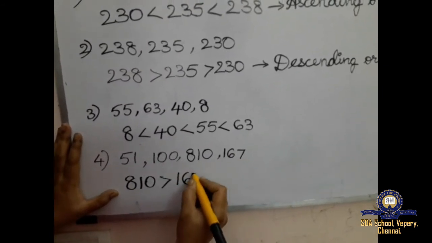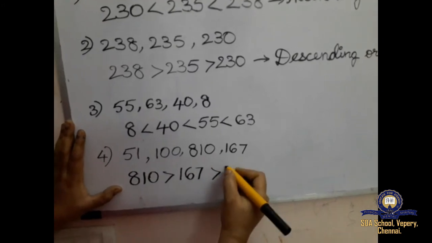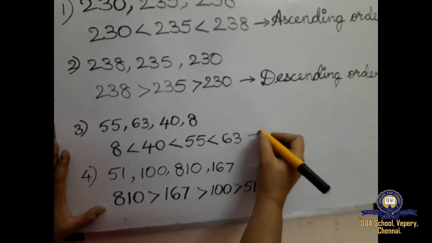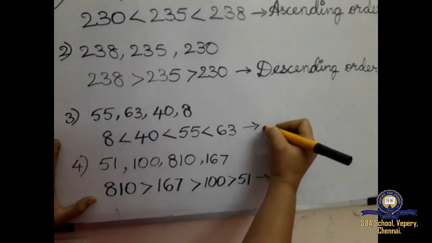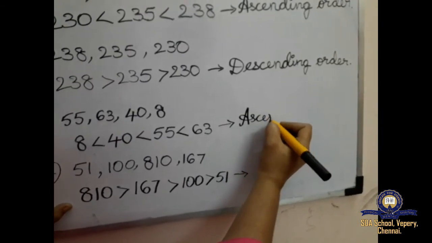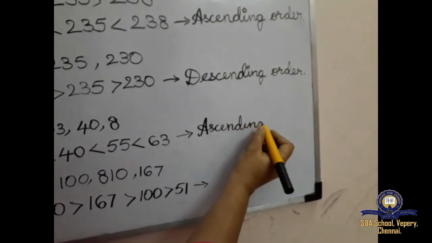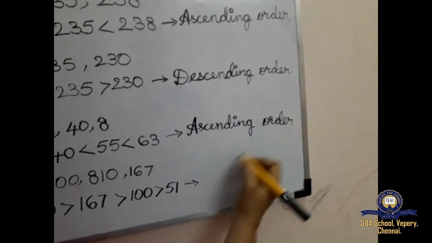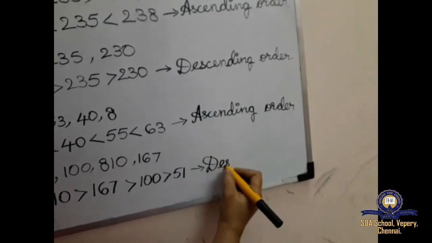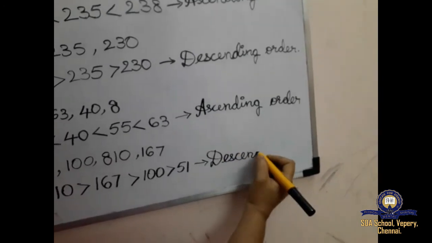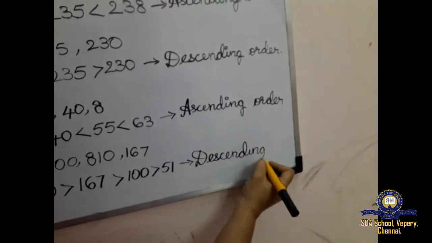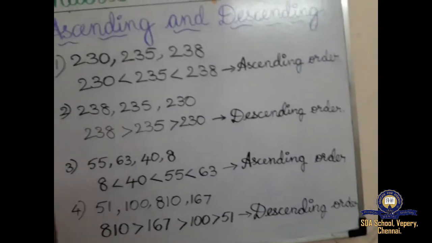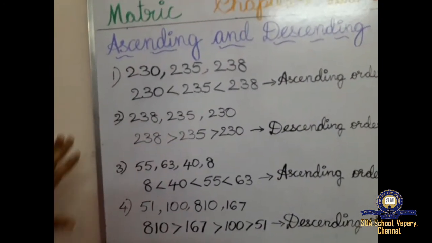So 810 greater than 167 greater than 100 greater than 51. So this is ascending and this is descending. Hope you all understood this one.